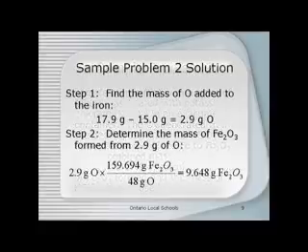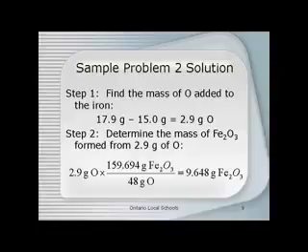The easiest place to begin is with the iron starting out at 15 grams, and then the combination of the iron and the iron 3 oxide having a total mass of 17.9 grams. The difference between the 15 grams and 17.9 grams is 2.9 grams of oxygen.